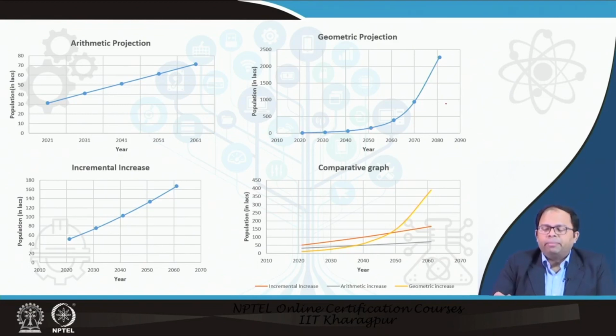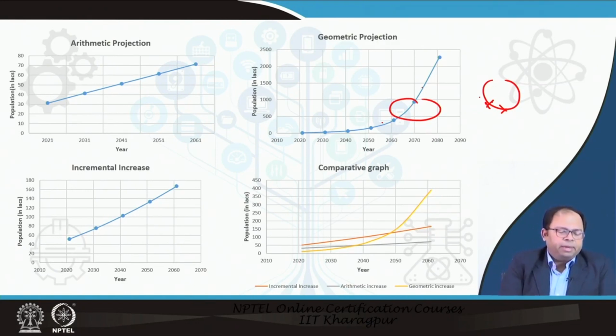This could be applied in cases when there is transformation in the society, like a lot of industrialization happening, and suddenly the population starts growing. So, here geometric projection may be useful, but in most cases it is very difficult to use this kind of projection because it overestimates.